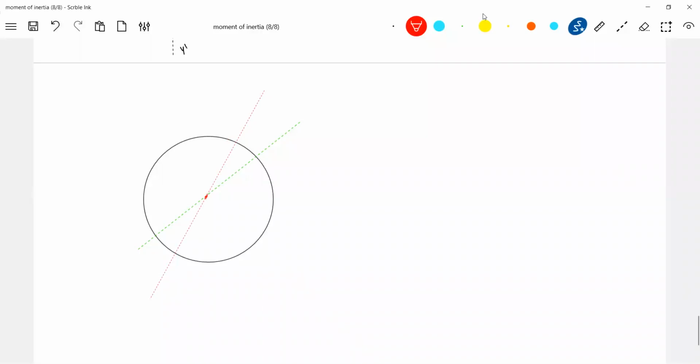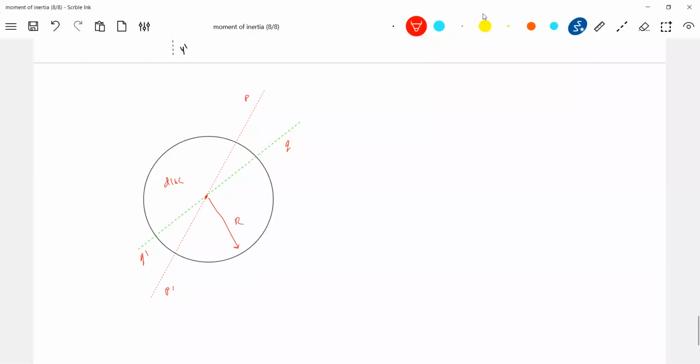What is the moment of inertia about PP dash and QQ dash, and this is a disk of radius r? It will be the same because it is about any diameter.